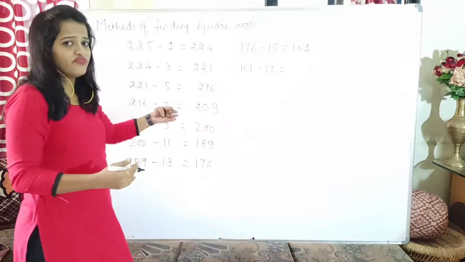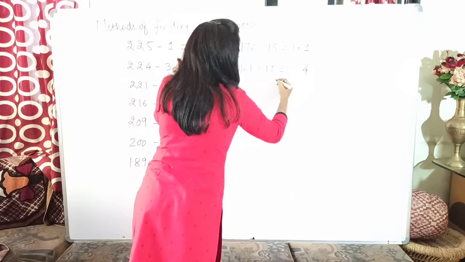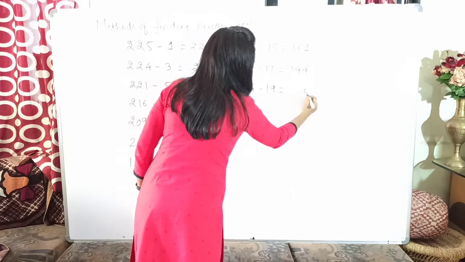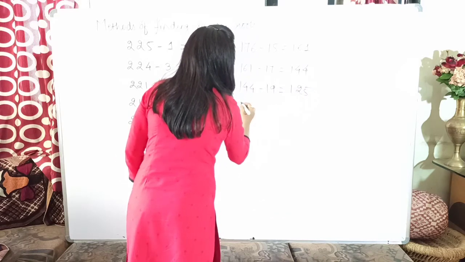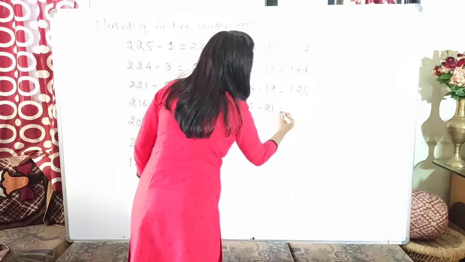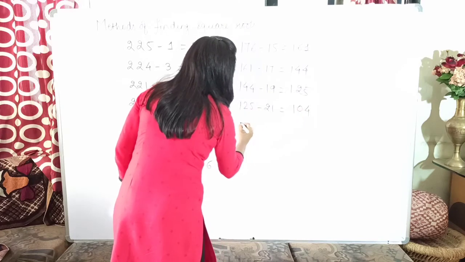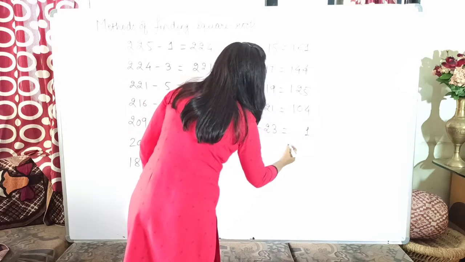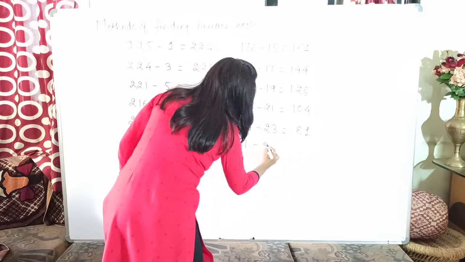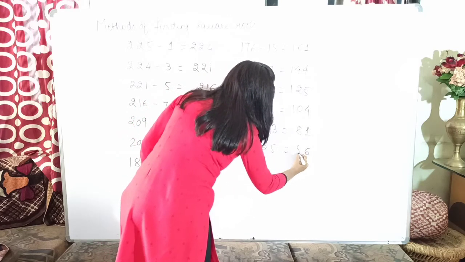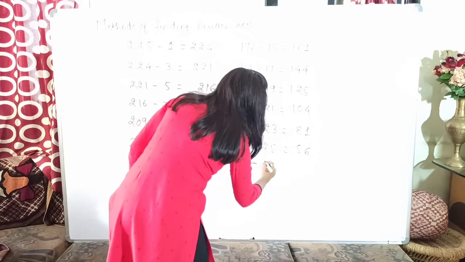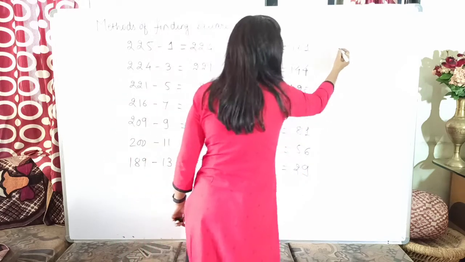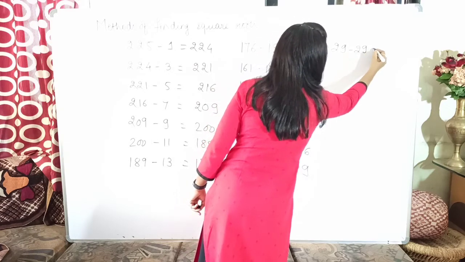I am just subtracting every next odd number. 144 minus 19 is 125. 125 minus 21 is 104. 104 minus 23 is 81. 81 minus 25 is 56. 56 minus 27 is 29. So 29 minus 29 gives me 0.